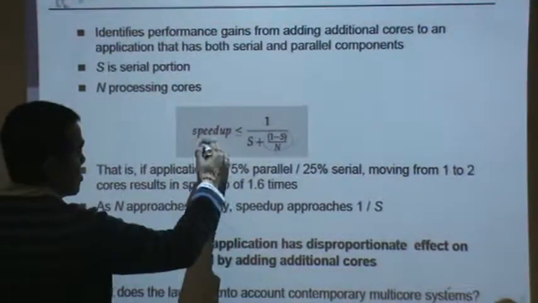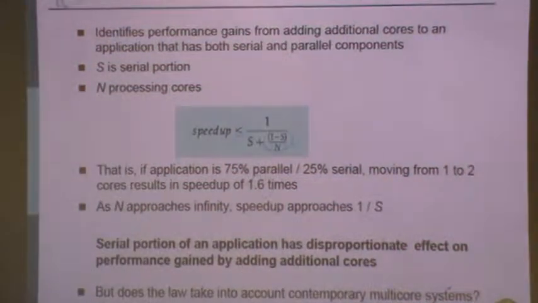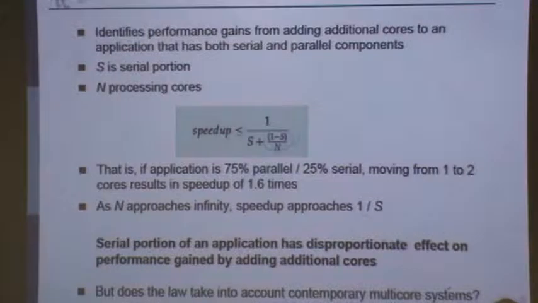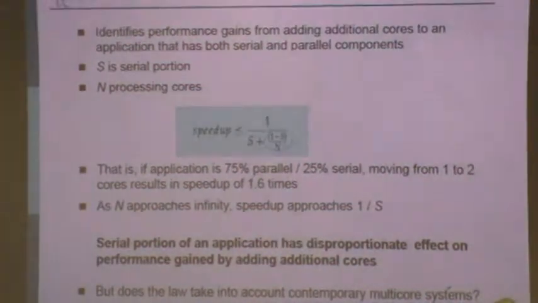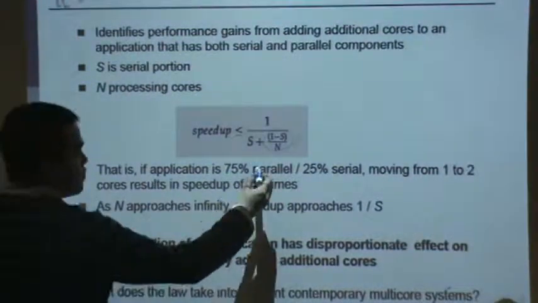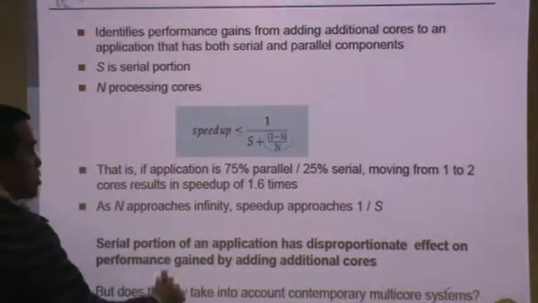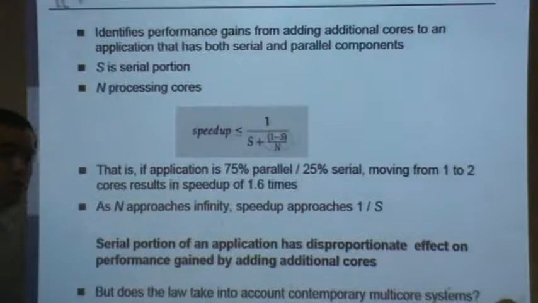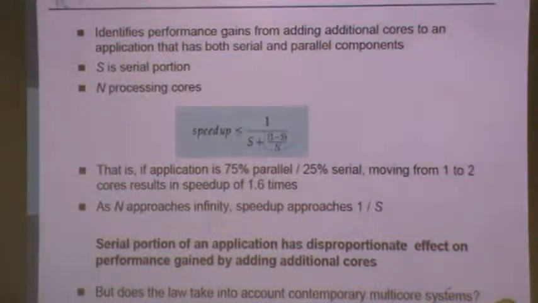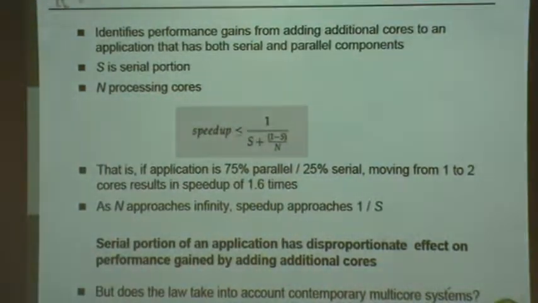So the speedup will approach the reciprocal of S. We can make an example: if the serial part of my code is still 25%, you will see we only get 4 times faster. So it doesn't mean the more cores you have, the more speedup you can have. It has a limitation.